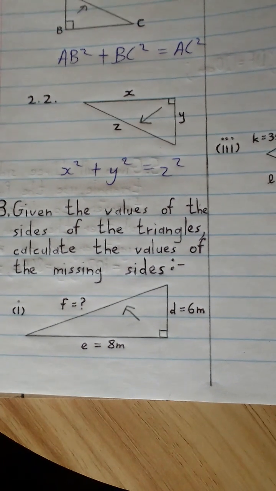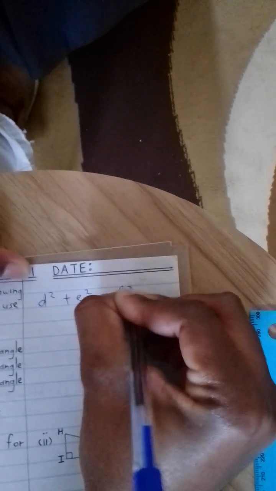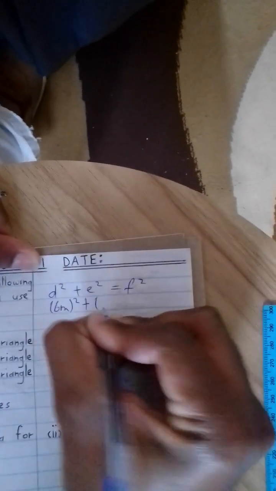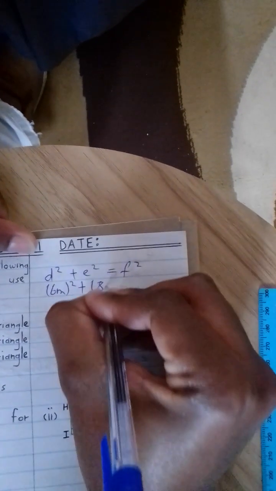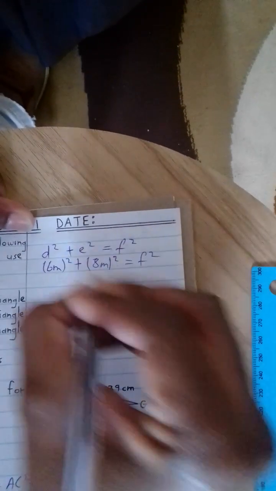So as usual, it's going to be D squared plus E squared is equal to F squared. What's D? D is 6 meters squared plus, what's E? E is 8 meters squared is equal to F squared.